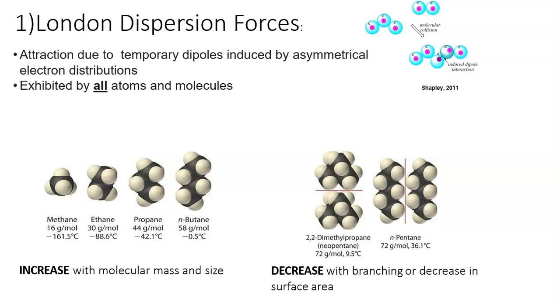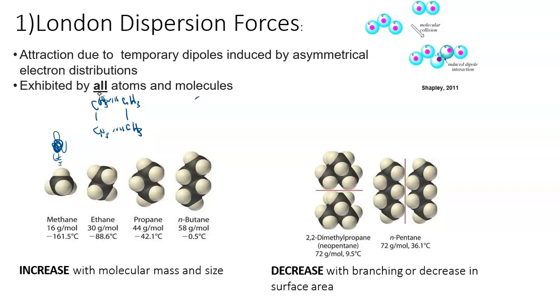If we look at methane here, methane's quite small, so this is only a small amount of surface area for it to create attractions with other molecules. With ethane, we have CH3, CH3, and if we look at that with another ethane molecule, we see more attraction, more surface area that can attract.